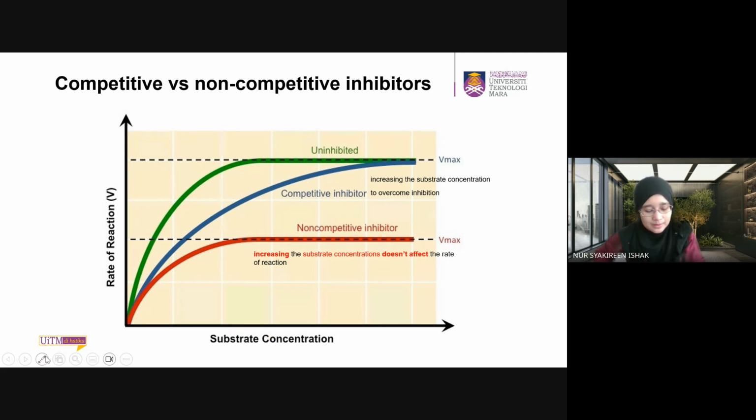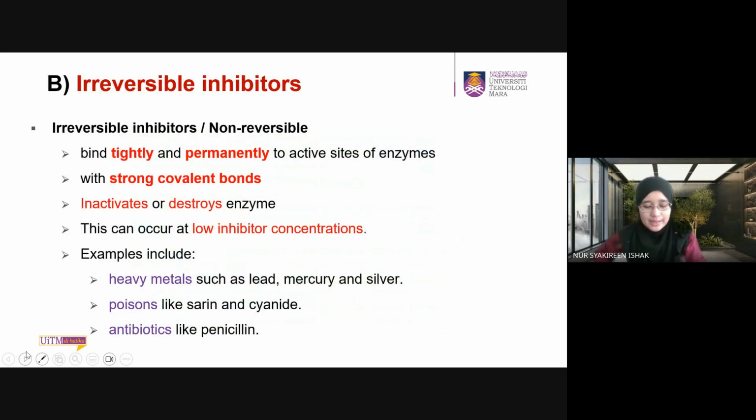Then we have reversible or irreversible inhibitors. Irreversible means that once the inhibitor binds to the active site, for example, it binds permanently and causes damage to the enzyme.